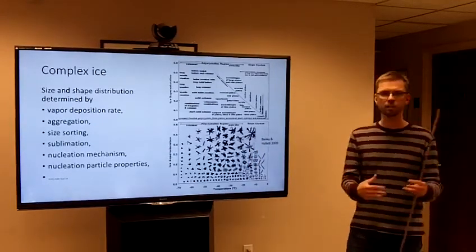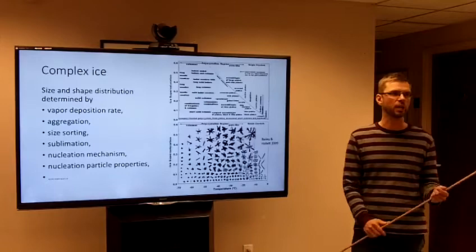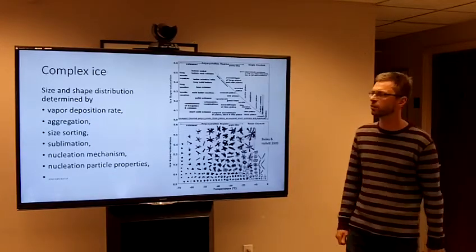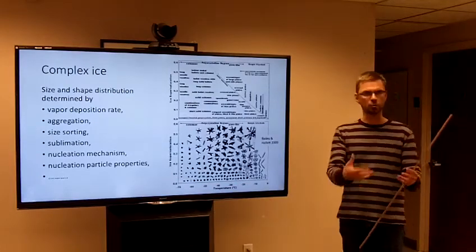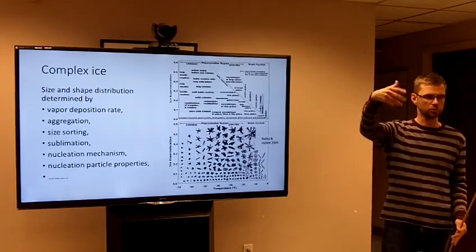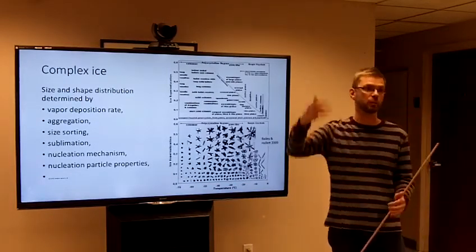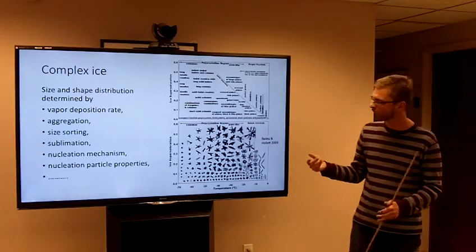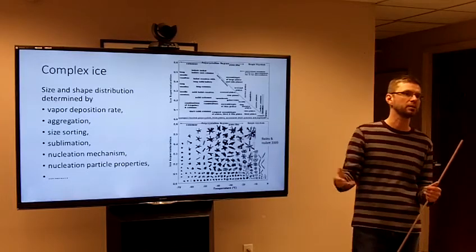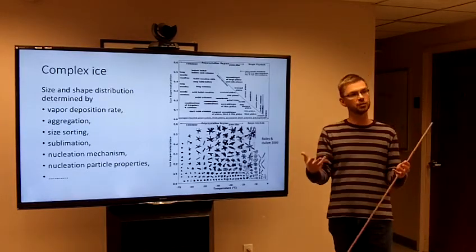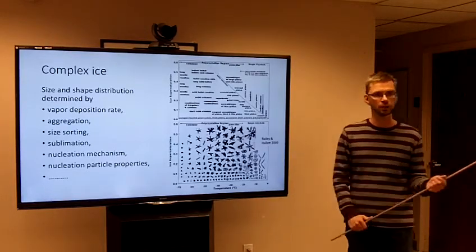But then there are other processes going on, like aggregation of crystals where they stick together. There's movement of crystals: crystals fall and some crystals are actually moved up by convection, and how fast they fall depends on the mass of the crystals, also a little bit on shape.